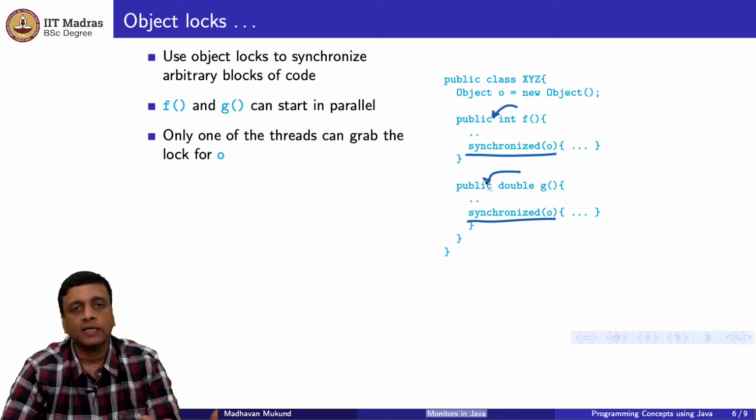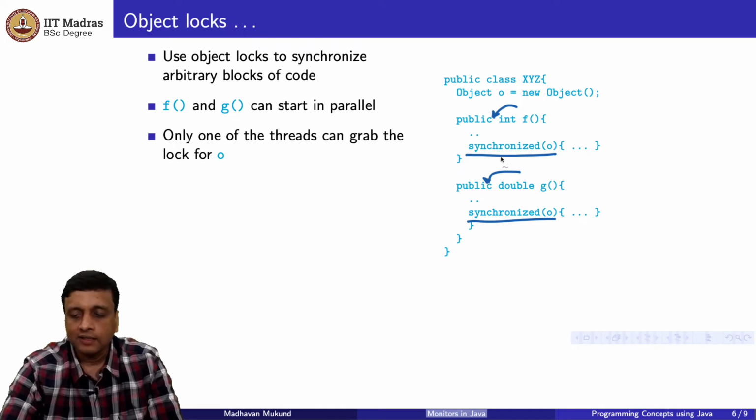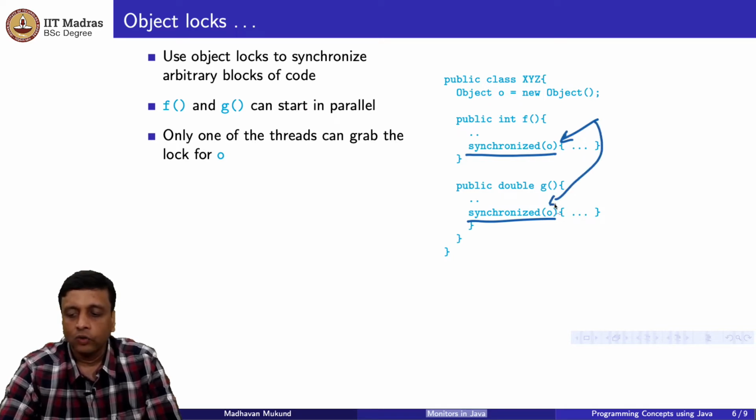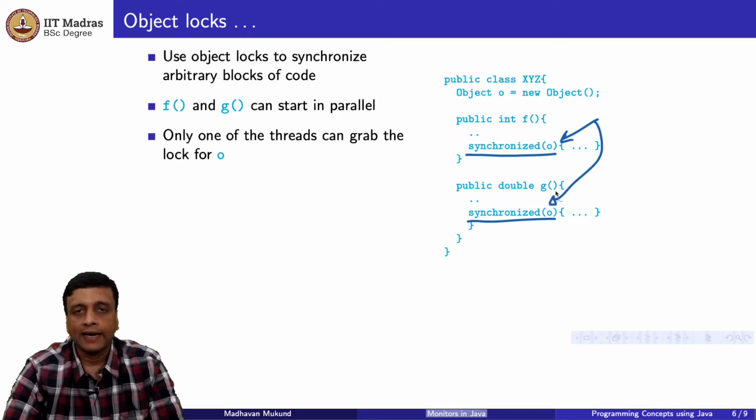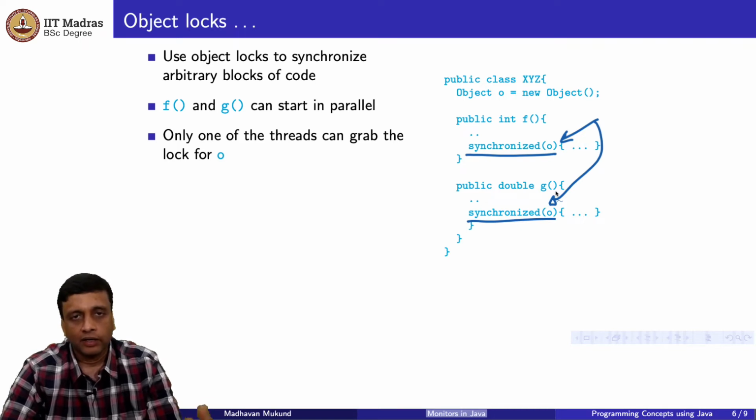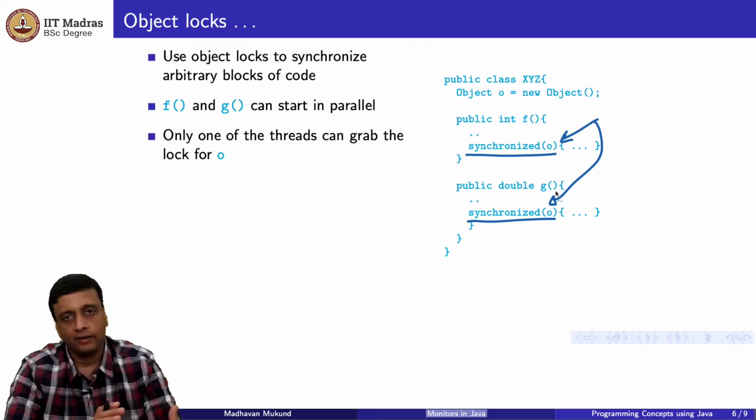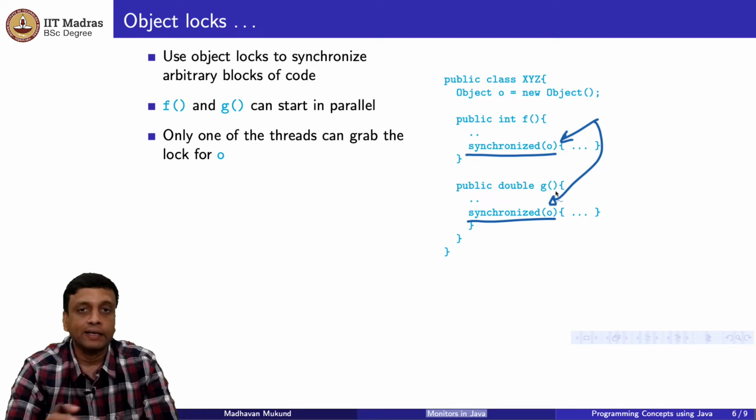So f and g can start in parallel through different threads, but this synchronized lock that we have asked for can only go to one of them. Only one of them can get past this requirement of grabbing that lock, and the other one will be asked to wait here. So this is a more fine-grained control than making the entire method synchronized.